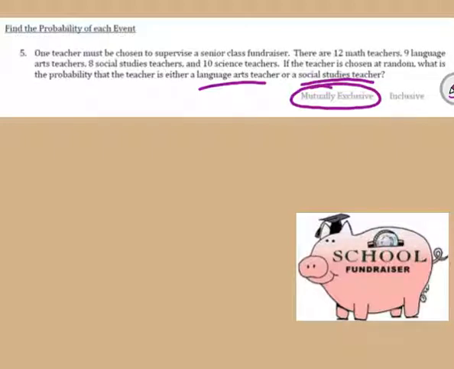So then we go back. Language arts teachers are 9. Social studies teachers are 8. So I would have said 9 plus 8 is equal to 17. Now the fun fact here is 12 and 9 is 21, plus another 8 is 29, plus 10 is 39. So really, the probability that a teacher is a language arts teacher is 9 out of 39, and the probability that it's a social studies teacher is 8 out of 39.